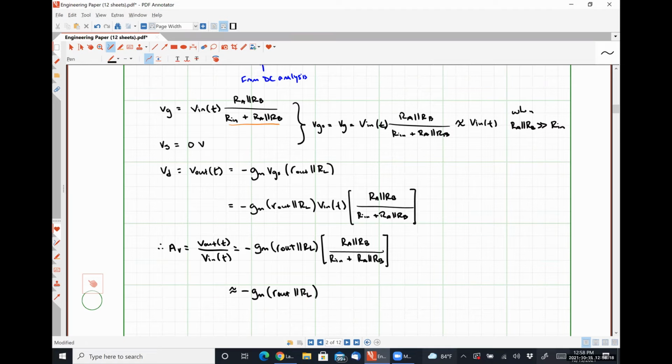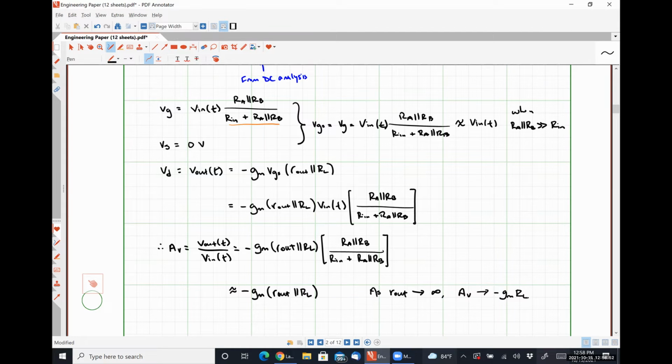Effectively what I'm getting at is, as R out approaches infinity, our voltage gain will approach negative gm RL. So we want our output resistance to be as large as possible.